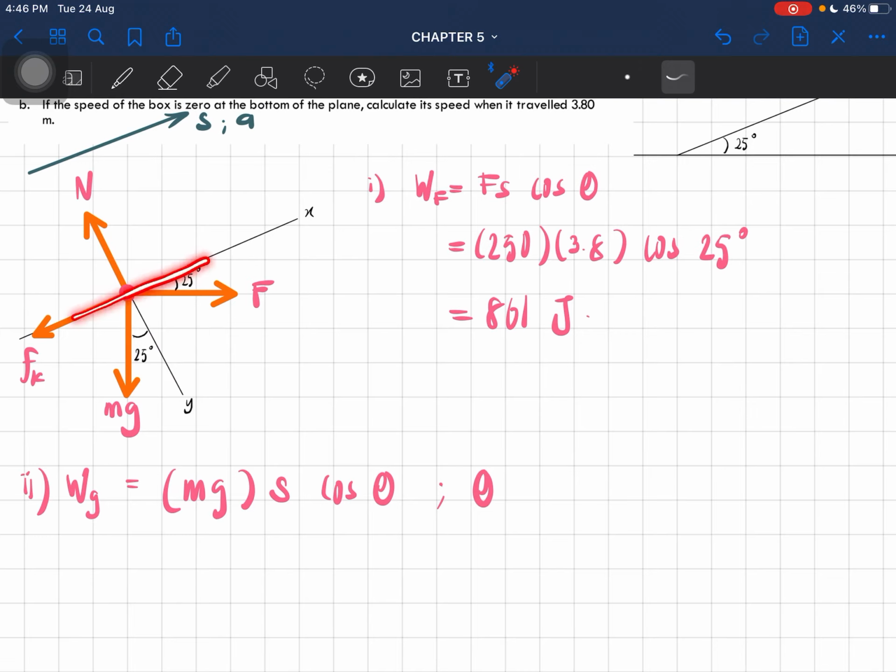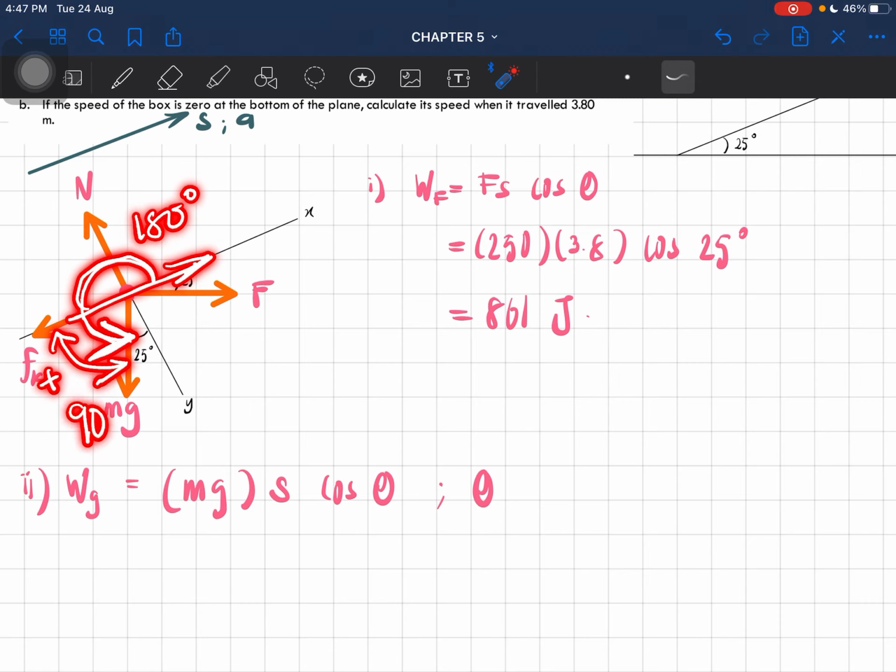So if we have the displacement here, we are going to go from S towards the force we are looking for. In this case, we have 180 degrees plus this angle here. So what is this angle? It is 90 minus 25.